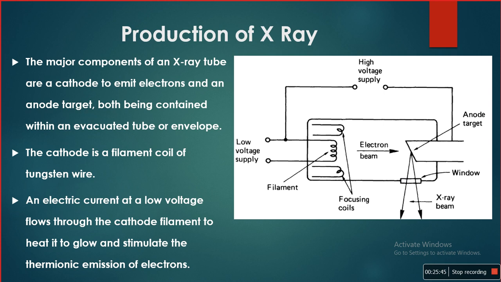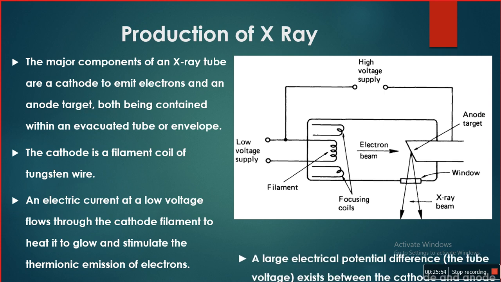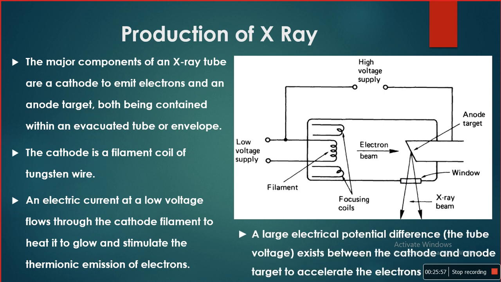Here a large electrical potential difference exists between the cathode and the anode target, which accelerates the electrons from cathode to anode. So consider the working principle here.